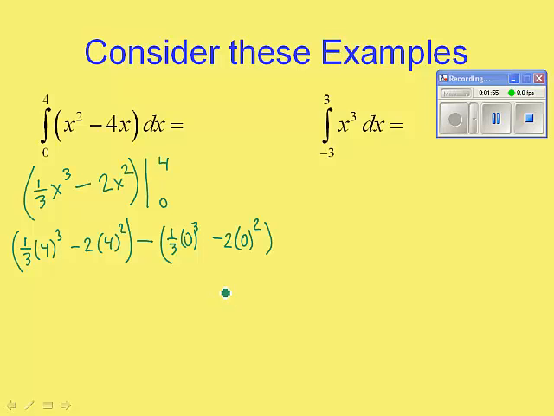F of A. Of course, F of A here is 0, right? So you end up subtracting 0. That's kind of nice. So let's see, I get 1/3 of 64 minus 2 times 16. So 64 thirds minus 32. Looks to me like that's negative 10.6 repeating. Negative 10 and 2/3, if you work it out.